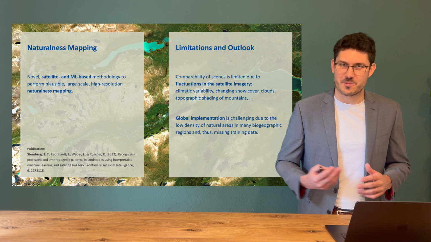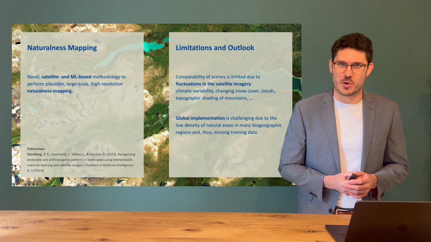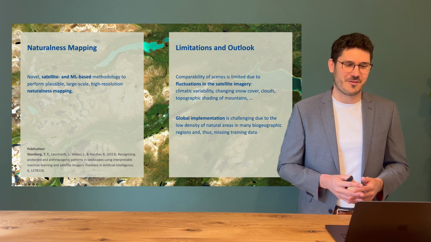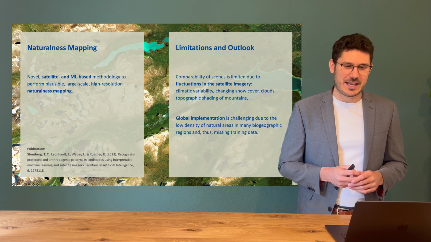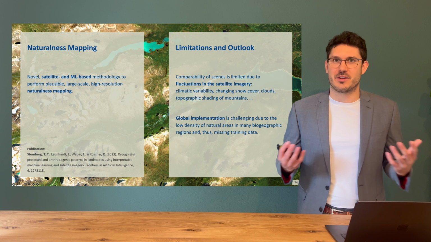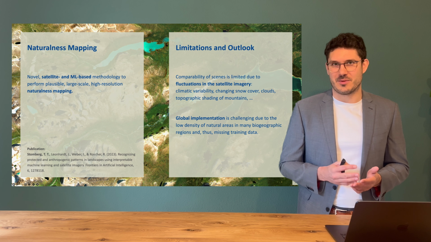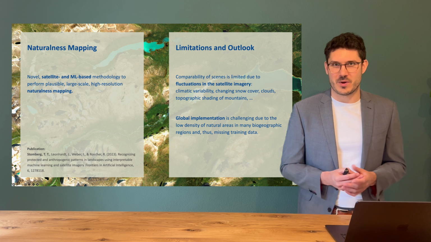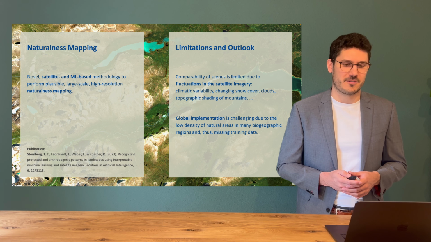And as an outlook, it would be really interesting to implement this in a global way, not just focusing on Fennoscandia. However, here we have a challenge that in many biogeographic regions, let's say for example Germany, we don't have true natural areas, and therefore we are lacking in training data for such regions.